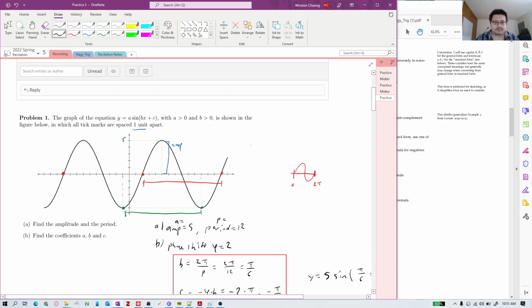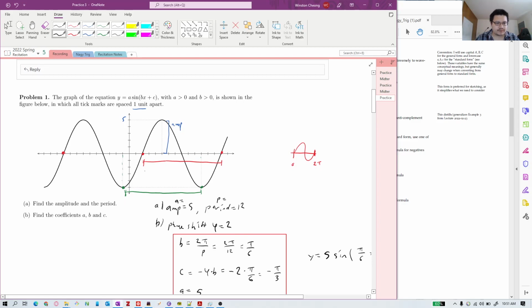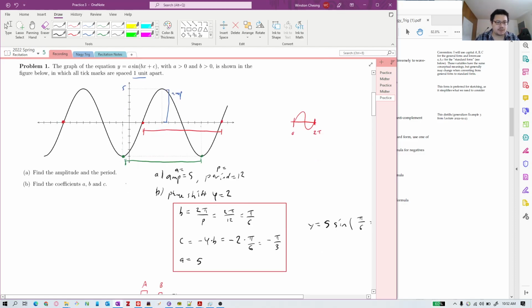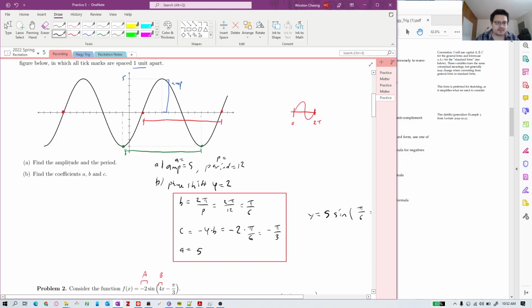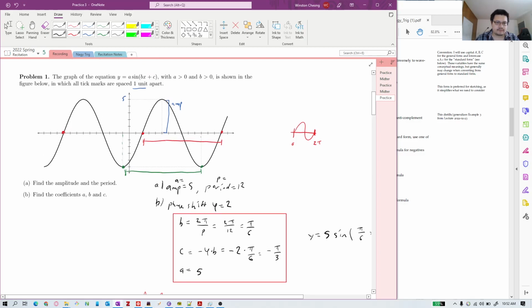That was what happened. All right, so for number one, we're given a graph of a sinusoidal curve, and we want to figure out basically what the equation of it is supposed to be. Part A is to figure out the amplitude and the period, and then part B is to get those values for the actual equation.